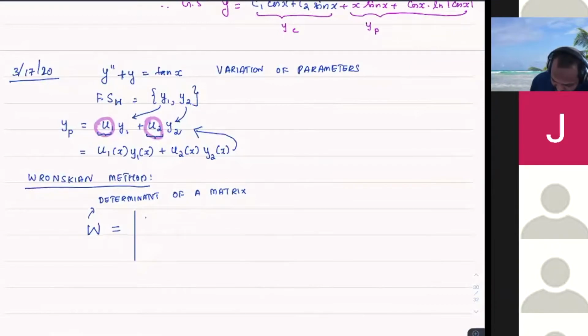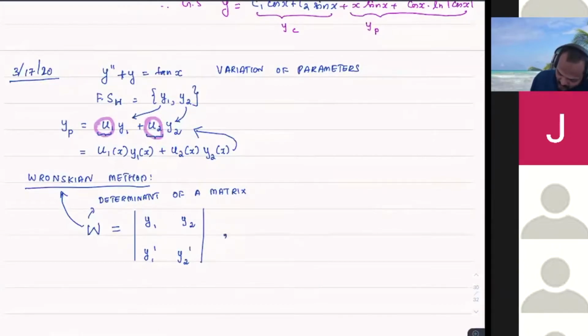Your first row is going to be the functions y1 and y2. The second row would be the derivatives of those functions. And this is called the W, the Wronskian, by the way. This is what we call the Wronskian.